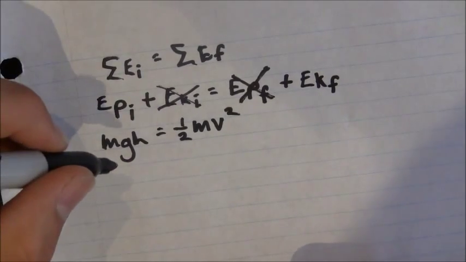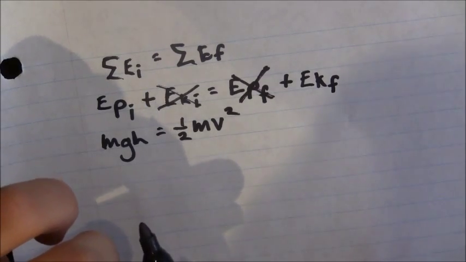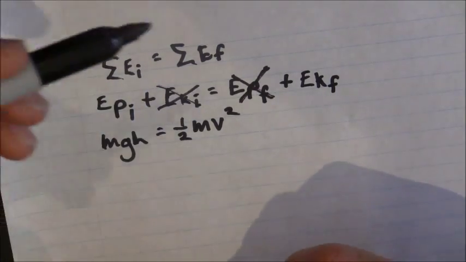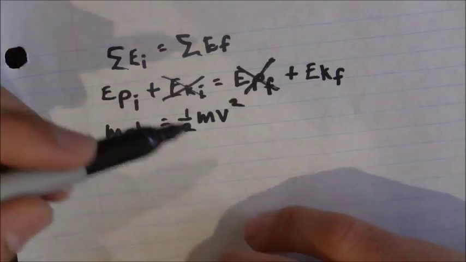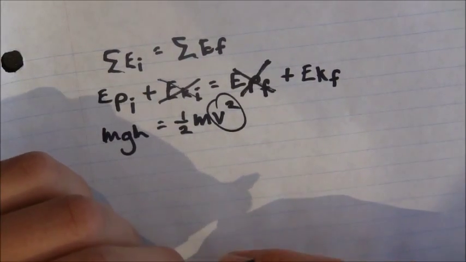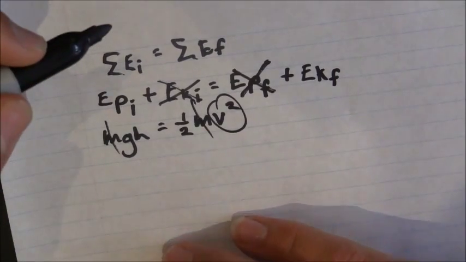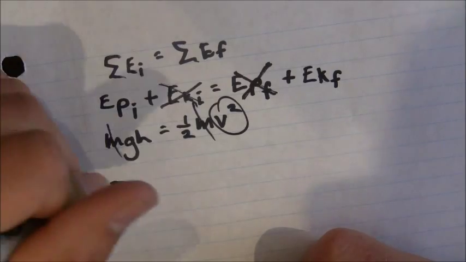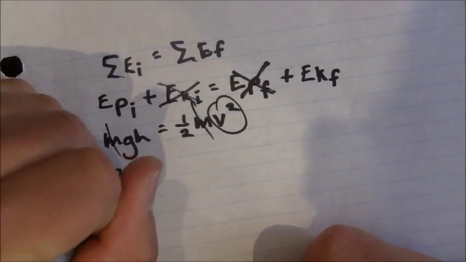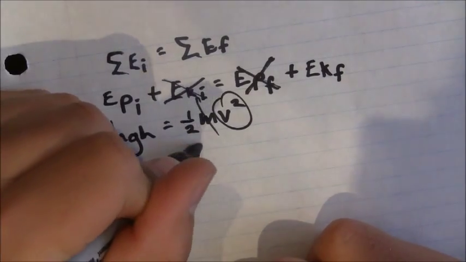So what we're looking for, this is where we start to rearrange stuff. What we're looking for is V, obviously. So we can get rid of m right away, and if we multiply both sides by 2, we get 2gh equals v squared.